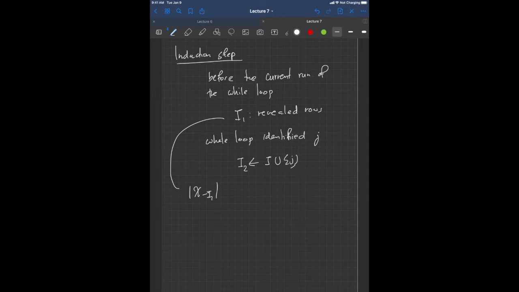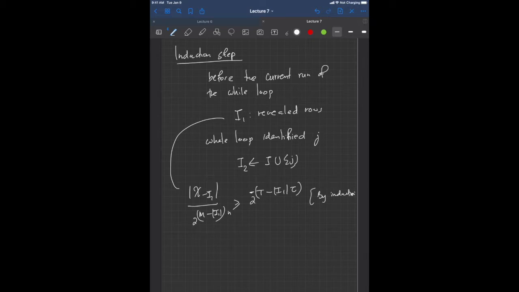By induction, we have already proved that it maintains the invariant. So this, with respect to 2 to the m minus cardinality of I1 times n, is at least 2 to the minus t minus cardinality of I1 times tau. So this is by induction.